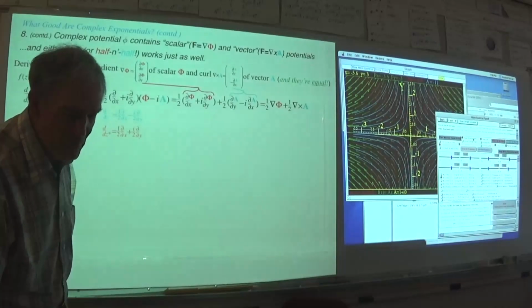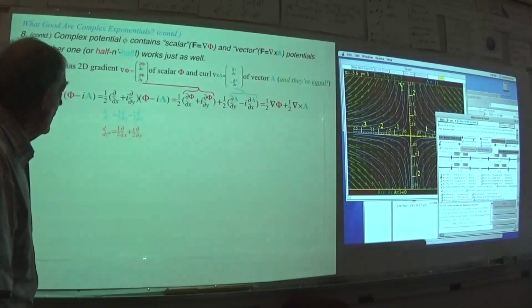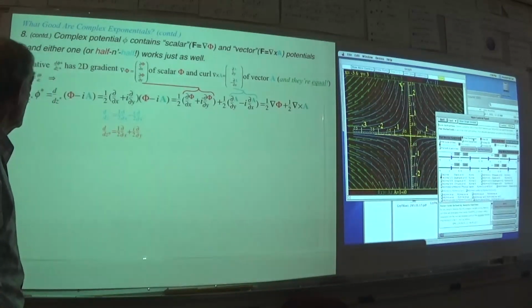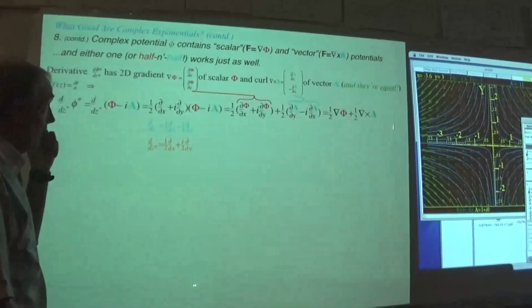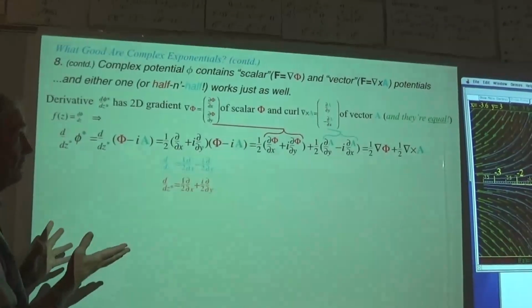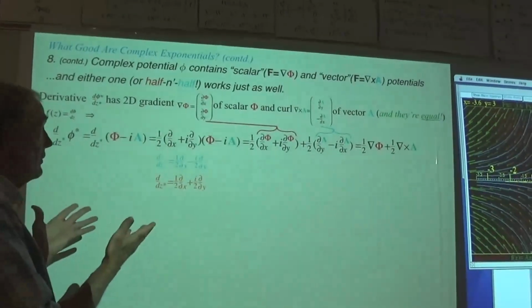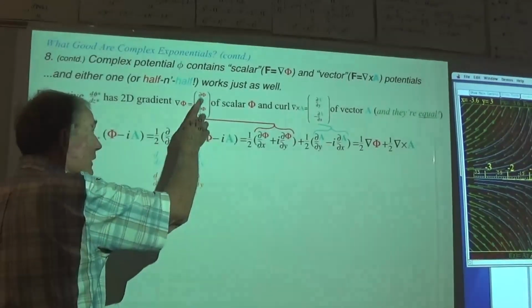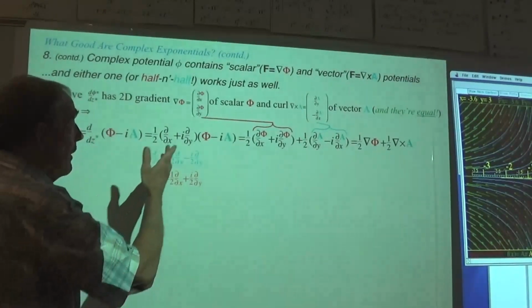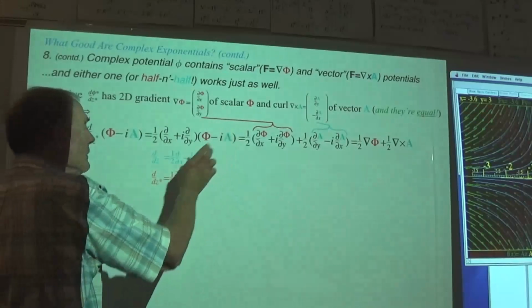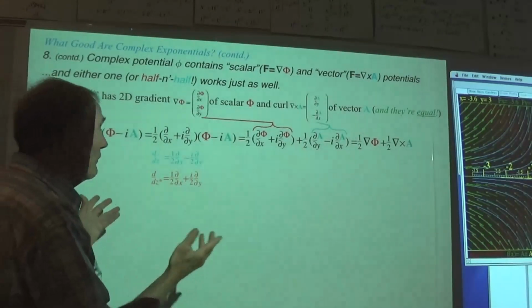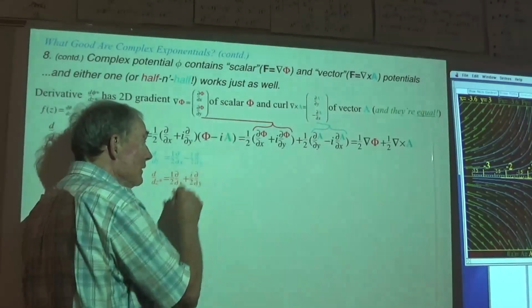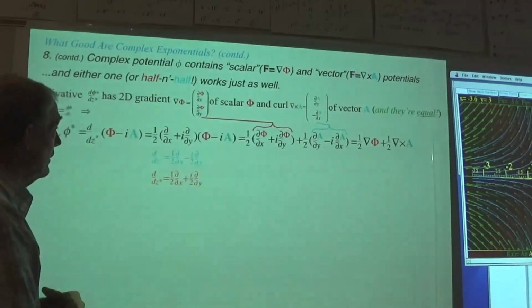And that's what I mentioned already. When it came time to use these things, I had the choice. I could just pay attention and take the derivative of the real part and forget about this streaming thing. I should get the same field if I do the curl of this one, and that's what we're trying to show here.